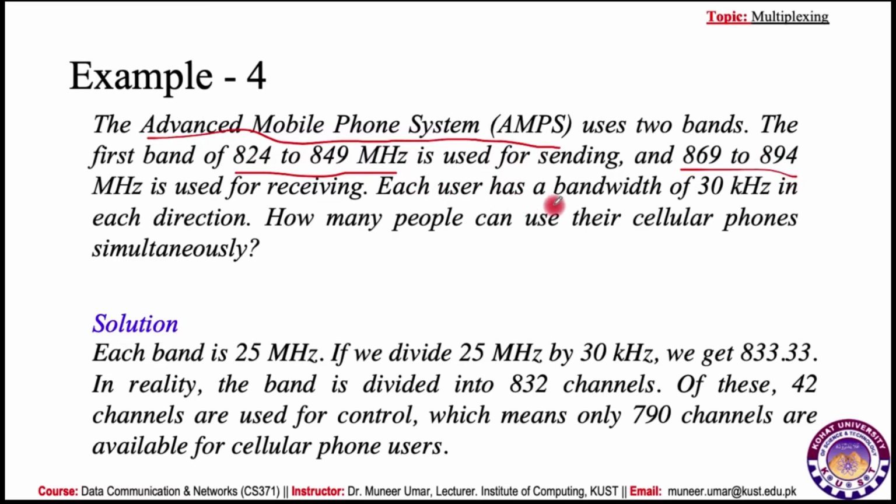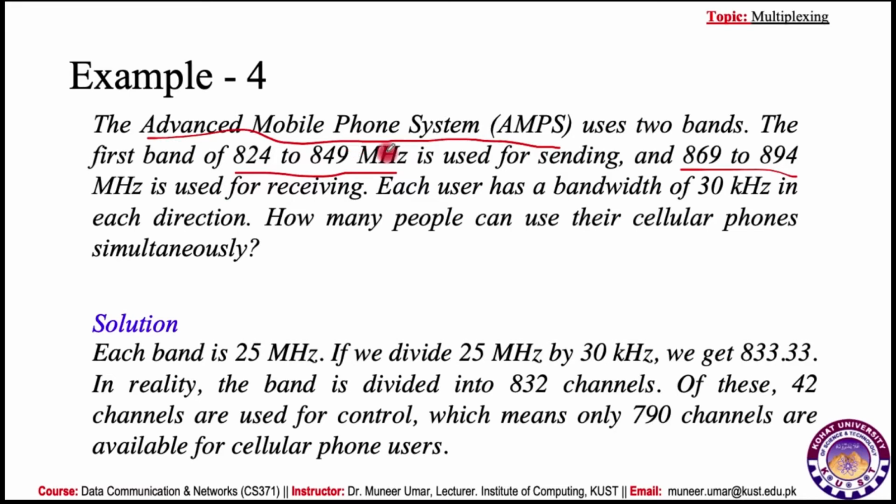Each user has a bandwidth of 30 kilohertz in each direction. How many people can use their cellular phones simultaneously? We have a range from 824 to 849 megahertz, a 25 megahertz range for sending, and 25 megahertz for receiving.